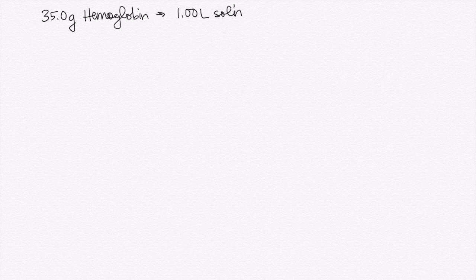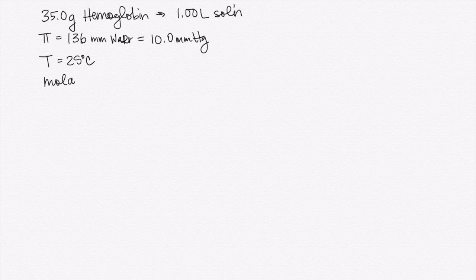And we measure our osmotic pressure, and we find it to be 136 millimeters of water, which is the same as 10 millimeters of mercury. And our temperature is 25 degrees Celsius. And we want to know what is the molar mass of our hemoglobin.